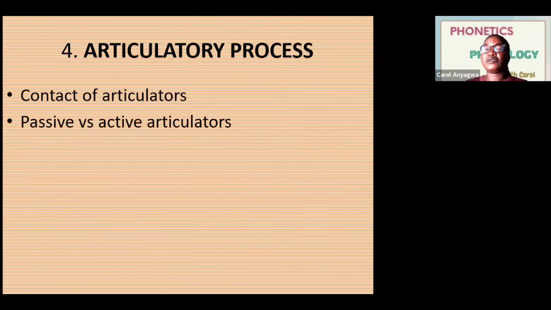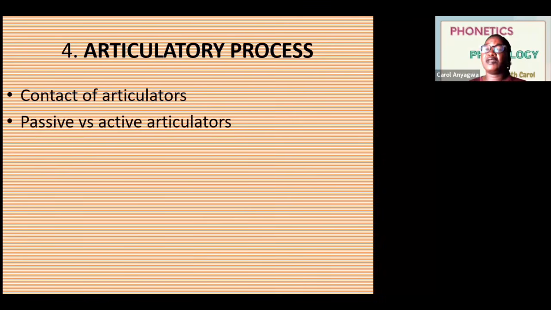So we have two main types of articulators, the passive and the active articulators. The passive articulators are those which do not change their state, do not change their shape, they do not move, they remain fixed.